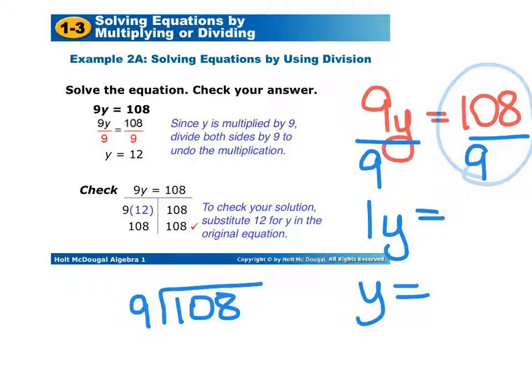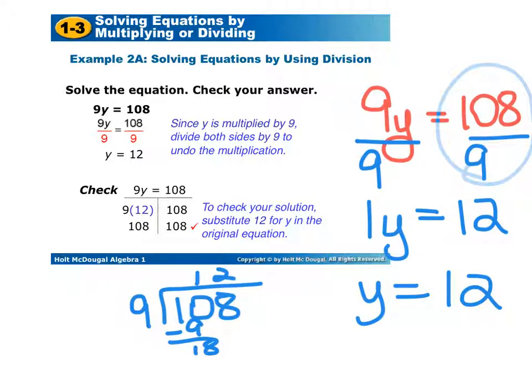How many times will 9 go into 10? Once. I will subtract. And then how many times will 9 go into 18? Twice. So my answer here is 12. So when it's multiplication starting out, we will use division to solve.